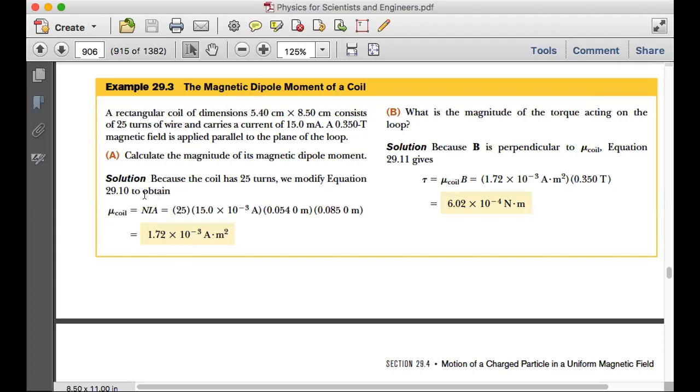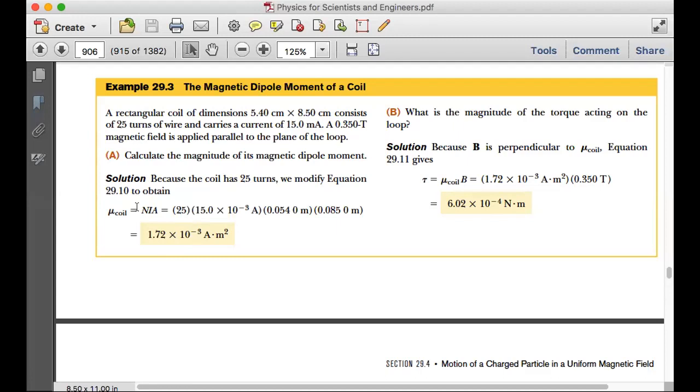So this N is the number of turns of wire. The current is 15 milliampere and the magnetic field is 0.35 Tesla.